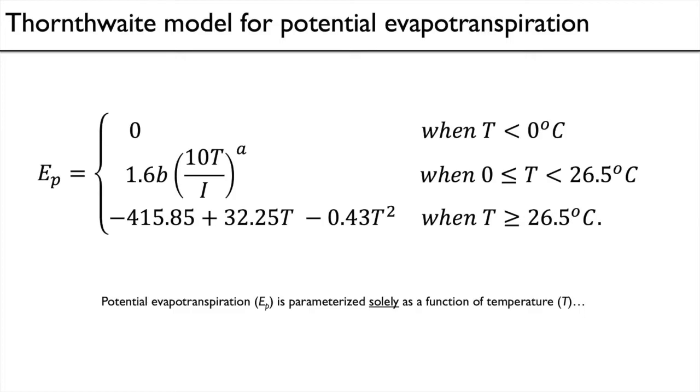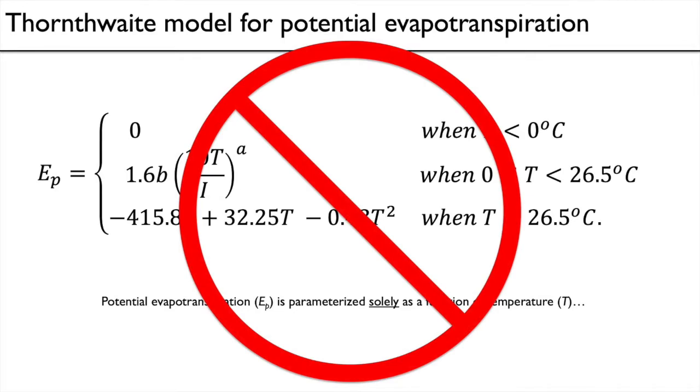And it's been shown quite conclusively that the higher temperatures that we expect from climate change, when used in the Thornthwaite model, will dramatically overestimate the evapotranspiration at any given location across space and through time. So we want to avoid the Thornthwaite model if possible, even though it's compelling to use it because it only relies on temperature.